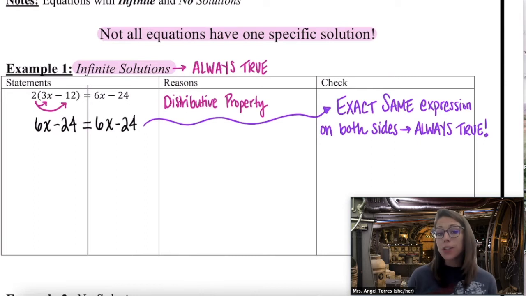So if we wanted to, we could actually stop here and go on to the next one. However, I have a feeling some of you don't see what I see and you would want to keep going. So we're going to keep going and determine another way that we can tell that this equation is always true.